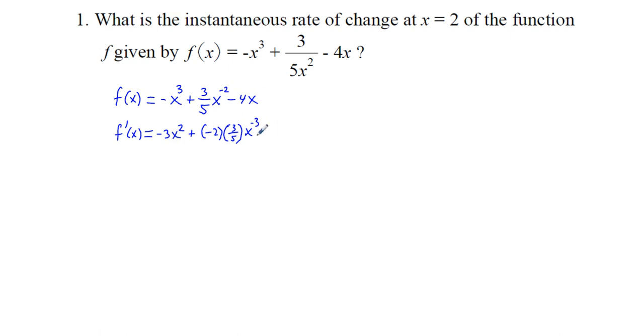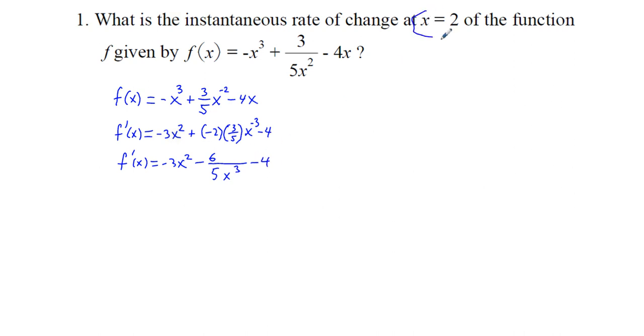And the derivative of this last minus 4x is going to be minus 4. Simplifying, f prime of x is equal to negative 3x squared, plus negative 2 times 3, so that's minus 6, in the denominator we have 5, and x to the 3rd power down here, and then minus 4.